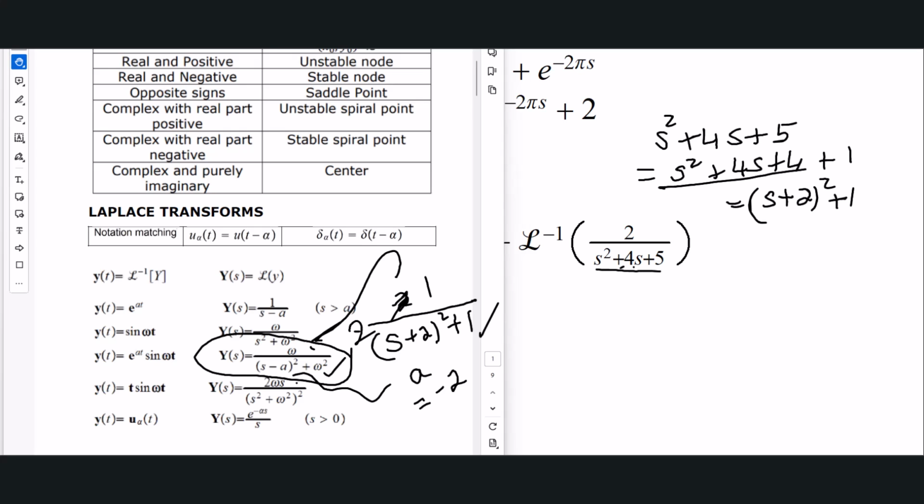So its inverse Laplace transform will be e to the power, and remember our a is negative 2, so it will be e to the negative 2t, and then sine omega t, and omega is 1 here, so that will be simply sine of t.